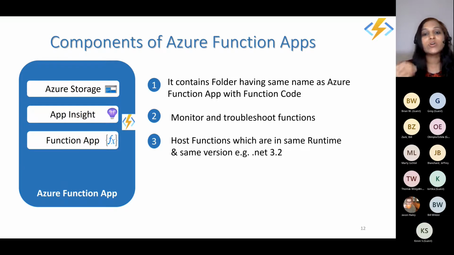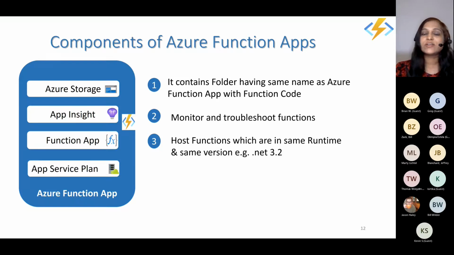And the fourth component is the app service plan, which is related to compute infrastructure. As we said earlier, it's serverless, but it needs compute when it executes. So here you predefine your compute infrastructure. You need a serverless one, or a dedicated one, or a fixed one.